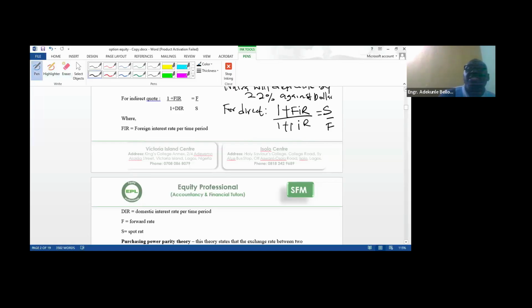If the exchange rate is quoted directly, your FIR is foreign interest rates, your DIR is domestic interest rates, your capital letter F is forward rates, your letter X is spot rates.